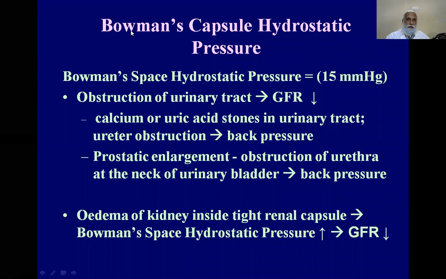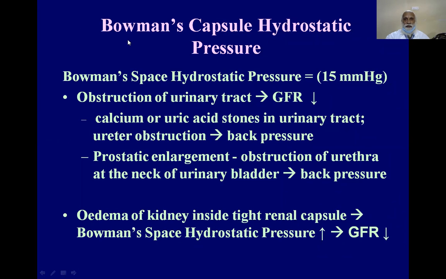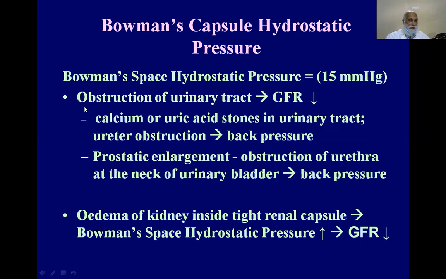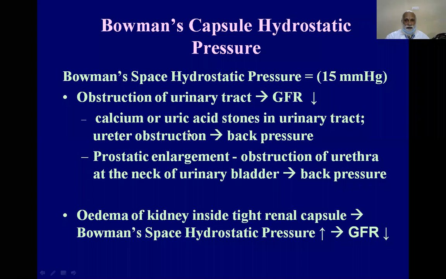Now, come to the Bowman's capsule hydrostatic pressure. Hydrostatic pressure in the Bowman's capsular space is generally about 50 millimeters, we already said. If there is any obstruction to the outflow, that is obstruction in the urinary tract, maybe because of various stone formations, calcium or uric acid stone formations in the urinary tract, kidney stones also you can say, ureteric obstruction.